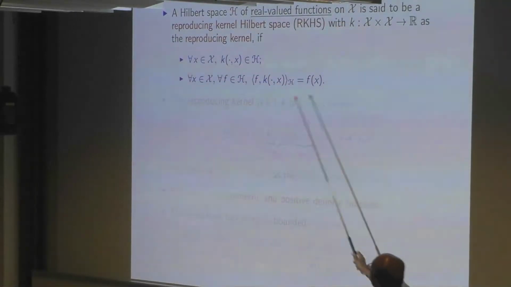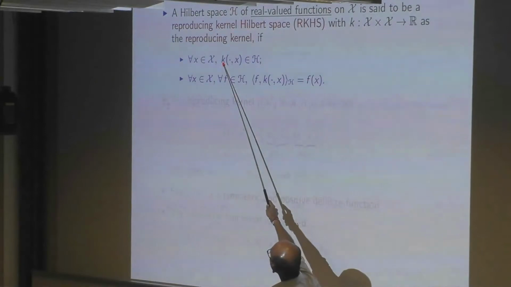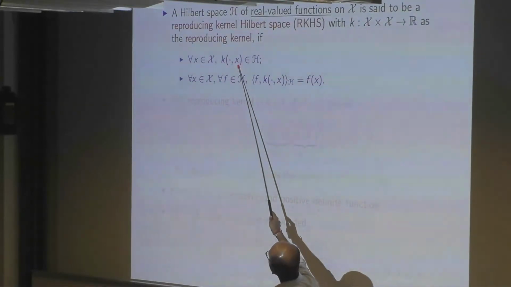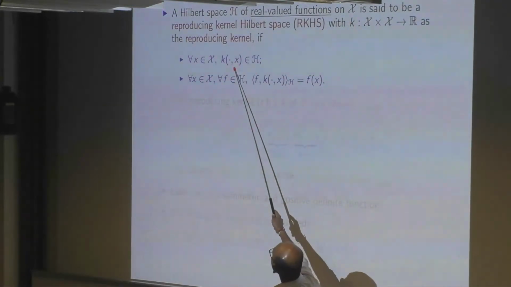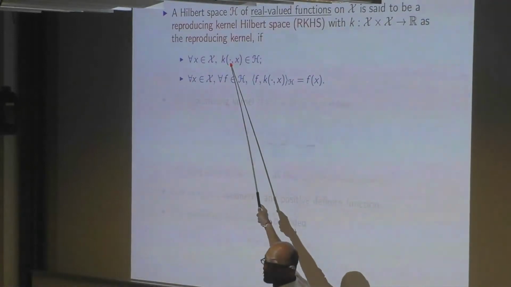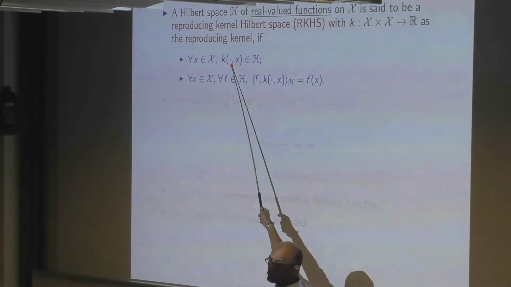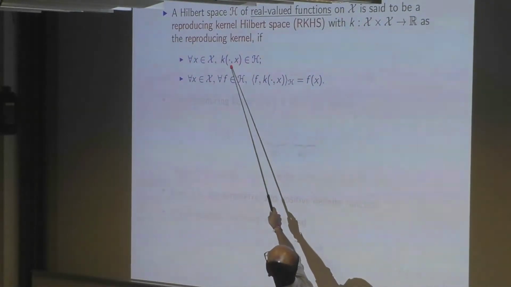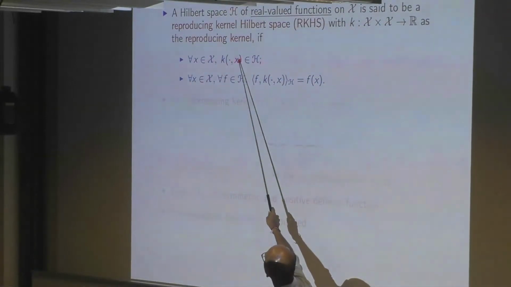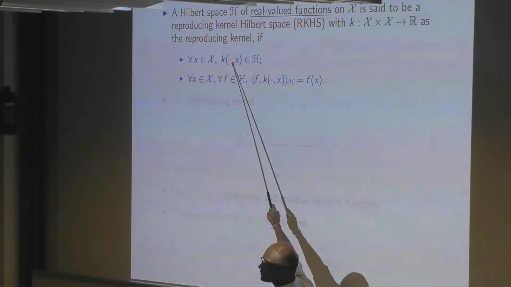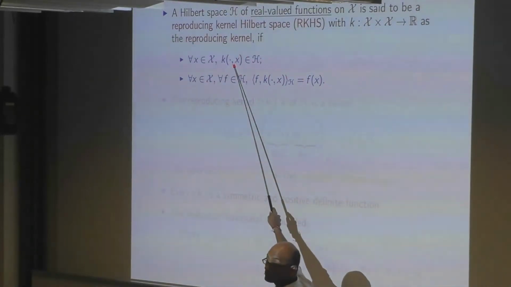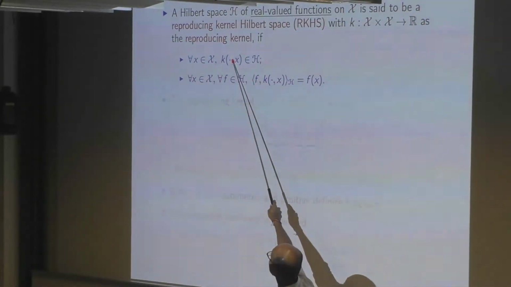What are the properties? If you take the value of this bivariate function at any point, I hope you're familiar with this notation, all I'm saying is k has two arguments. I'm fixing the second argument, keeping the first argument floating. So this itself is a function of the first argument.